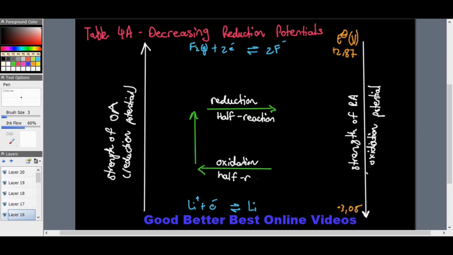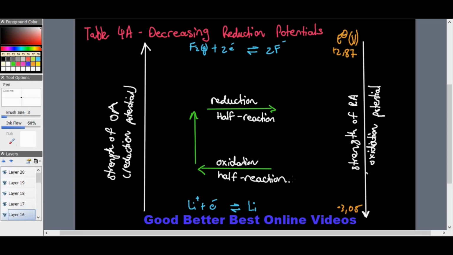That's how you read table 4a. Thus the oxidizing agent works with the reduction half reaction, from left to right, and the reducing agent works from right to left, in a spontaneous redox reaction.